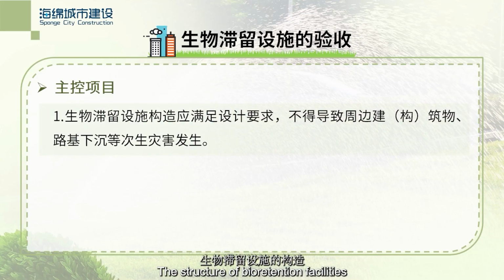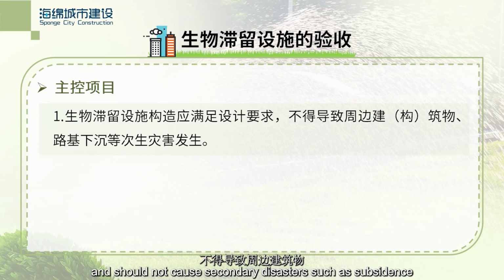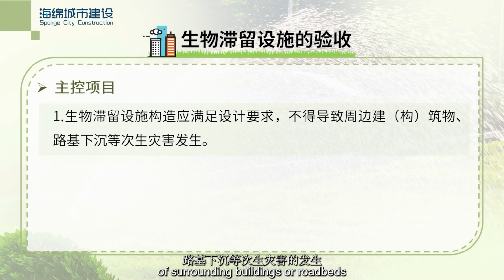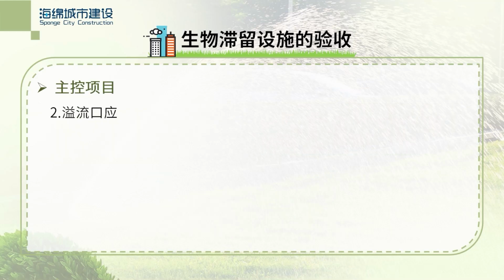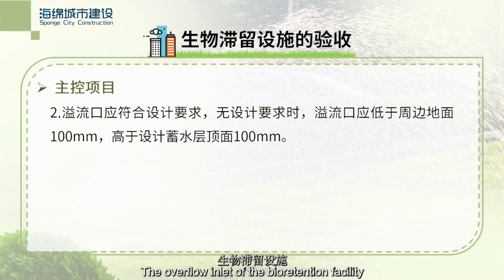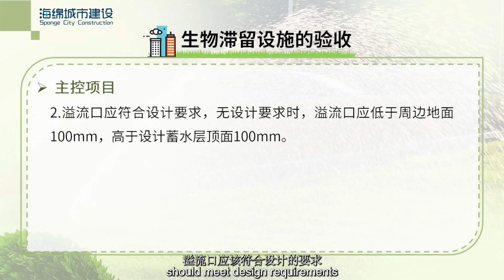The structure of bioretention facilities should meet design requirements and should not cause secondary disasters such as subsidence of surrounding buildings or roadbeds. The inspection method is visual inspection and steel tape measurement. The overflow inlet of the bioretention facility should meet design requirements.